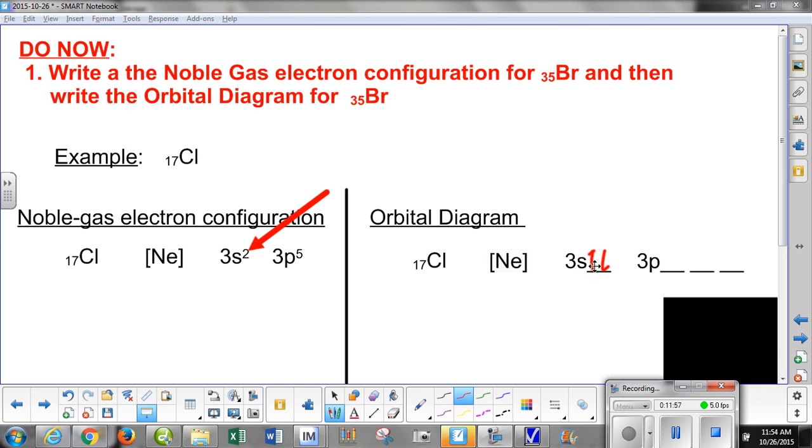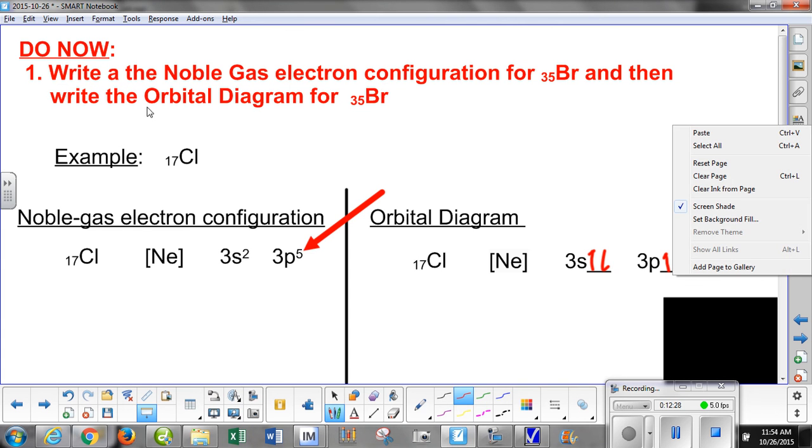Okay, so I've used up 2 electrons, but I don't really need to worry about it because over here I've got the number of electrons that I'm going to have in these orbitals. So, how do I put my arrows in? No. Up. Up. Up. Because every orbital has to have 1 in a given sublevel.